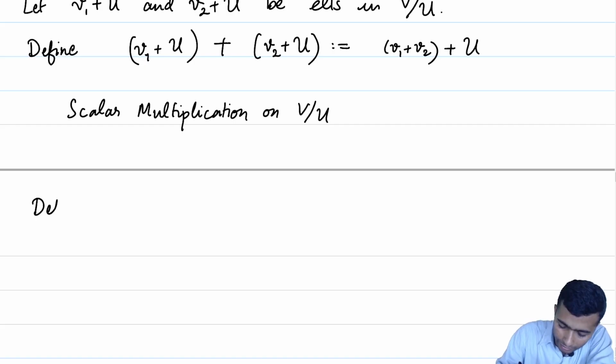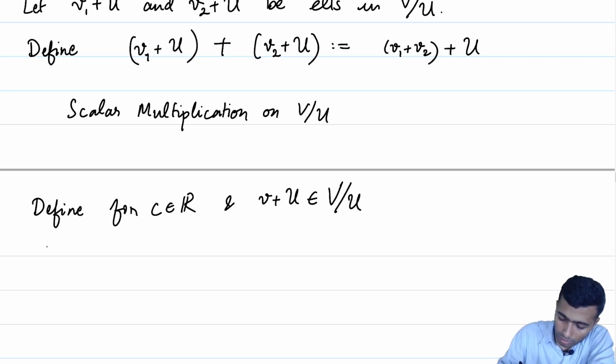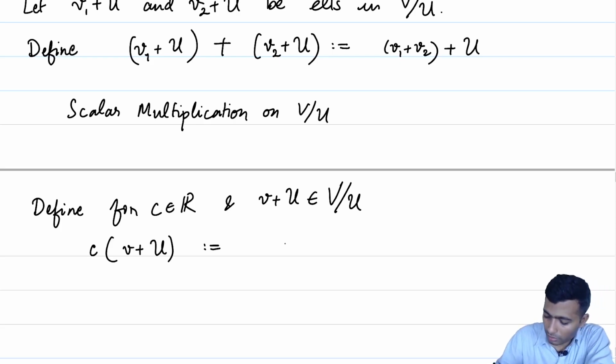Before that, let us define, for c in R and v plus capital U in capital V mod U, c times small v plus capital U, this is defined to be cv plus U.